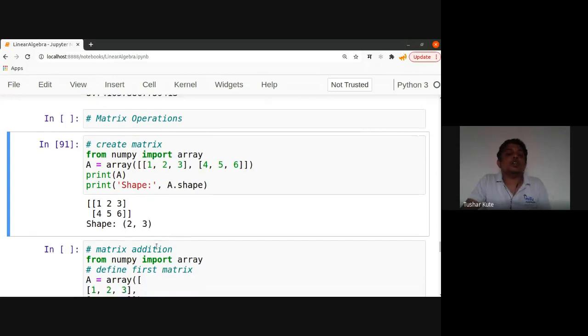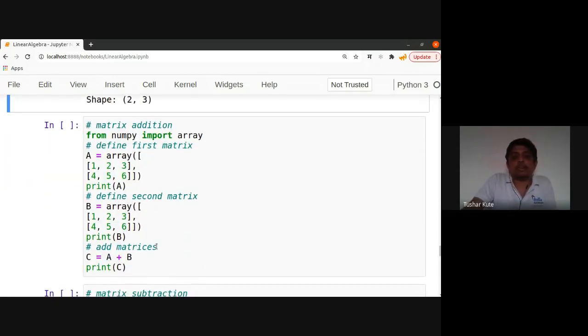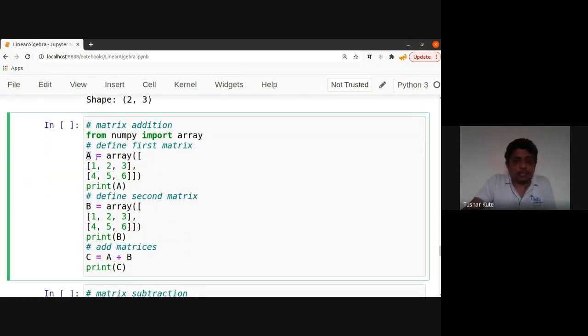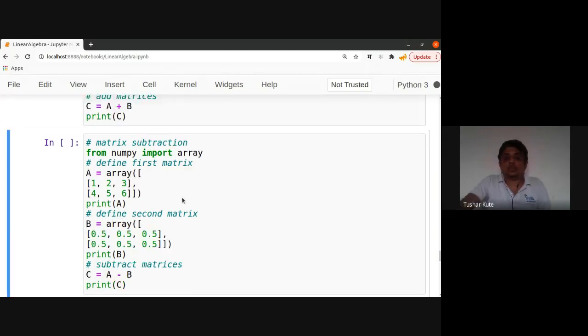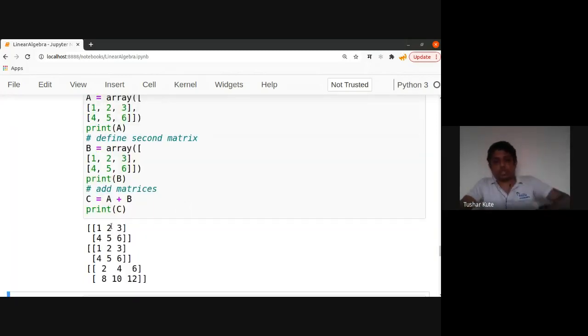Now see the matrix addition. Two matrices I have created here: the first A is 1 2 3 4 5 6 and the second B is 1 2 3 4 5 6. If you perform direct addition with the plus operator, the operation is done element by element, just like vectors. Matrices also perform it: elements at the exact same location are added.